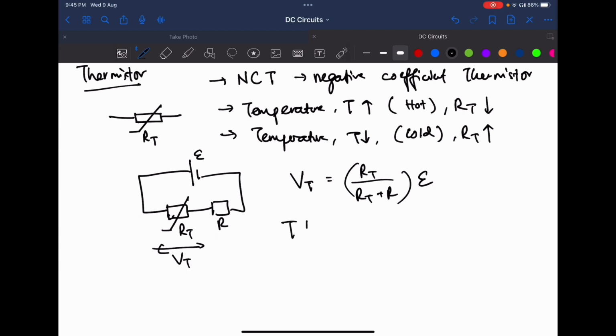When the temperature is high, VT is proportional to RT. When RT goes down, VT will go down. And when the temperature goes lower, the resistance RT goes up, so VT will go up.